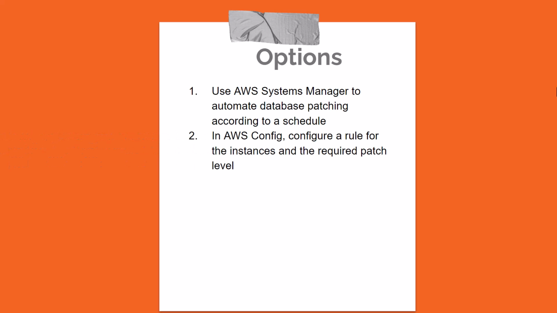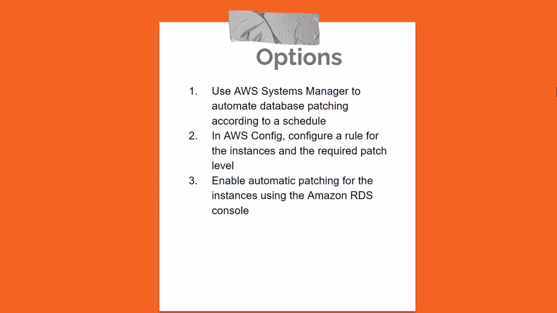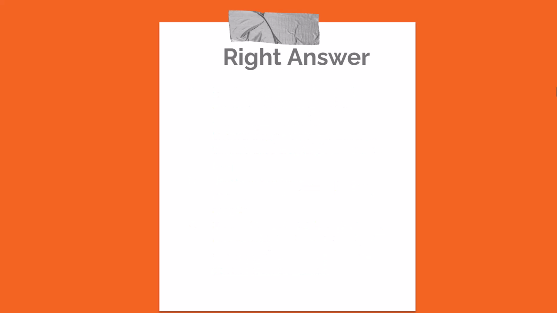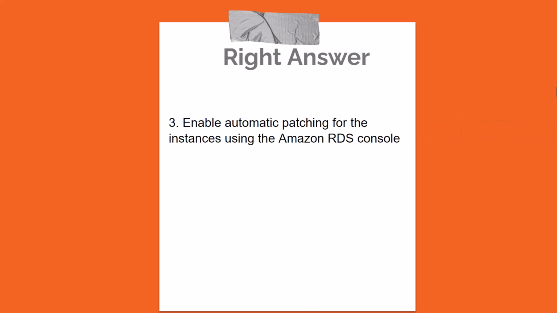In AWS Config, configure a rule for the instances and the required patch level. Option 3. Enable automatic patching for the instances using the Amazon RDS console. Option 4. Connect to each database instance on a monthly basis and download and apply the necessary security patches from the vendor. Correct answer is Option 3. Enable automatic patching for the instances using the Amazon RDS console.